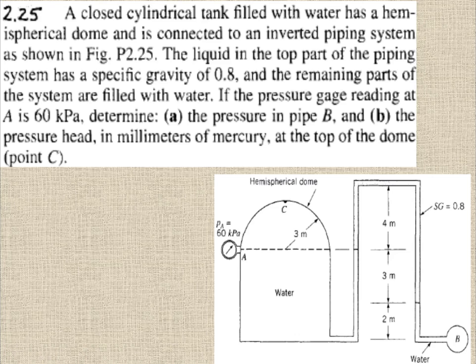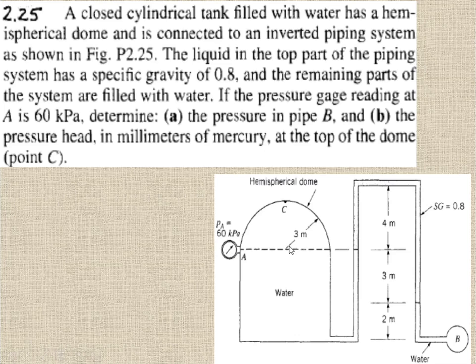To solve the manometric problems, as I told you, first of all make a datum line. Then we can see what things are given and what things we have to find out. The specific gravity of the fluid is given, all the heights are given, and the pressure at point A is given.